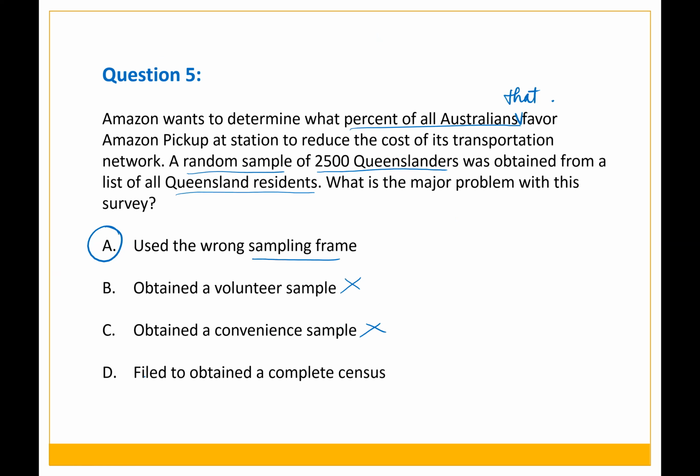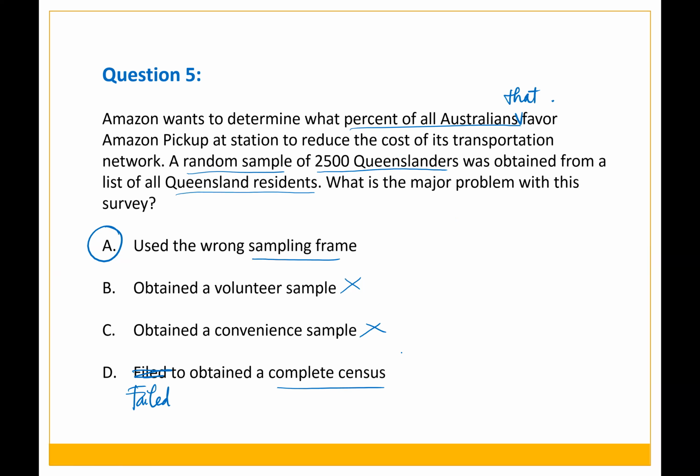And then finally, fail to obtain a complete census. Well, if this is the problem, then every single marketing company is going to be in trouble because none of them will ever have a census.